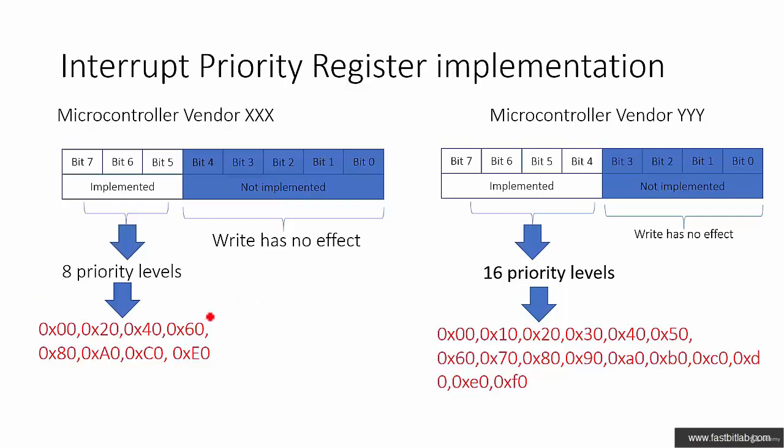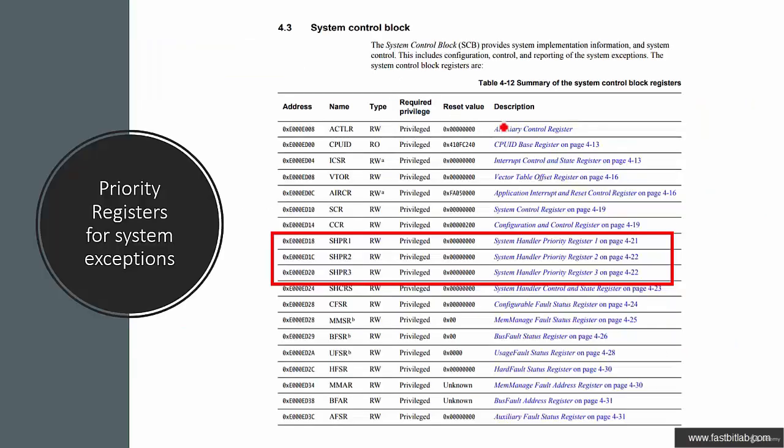And if there is any priority with this priority value, then it will be a lowest priority interrupt, like that. If 4 bits are implemented, then there are 16 priority levels. In our STM32 microcontroller, the manufacturer implements 4 bits. That's why in our microcontroller, we have 16 priority levels.